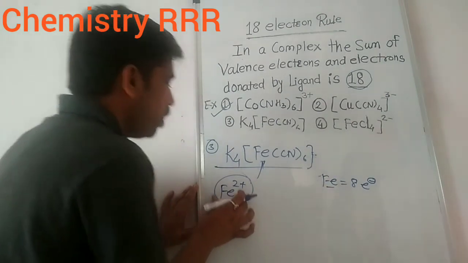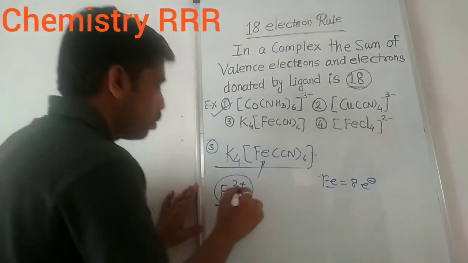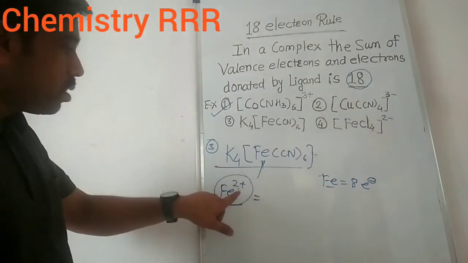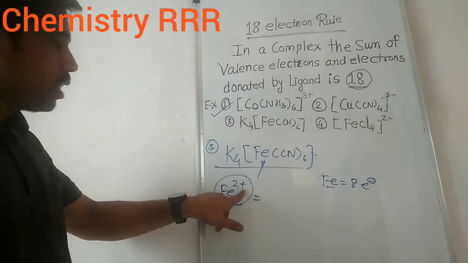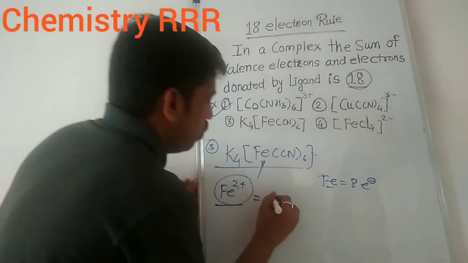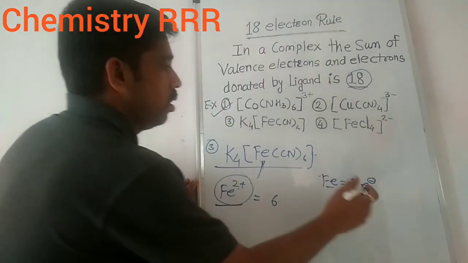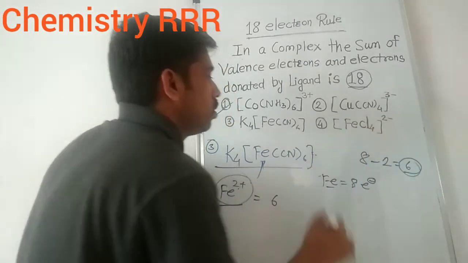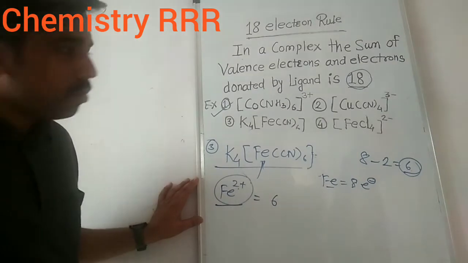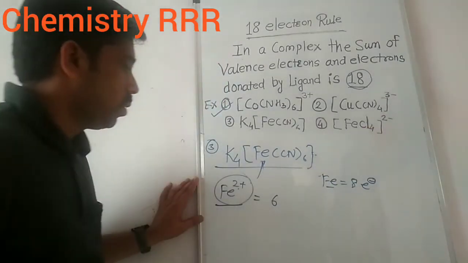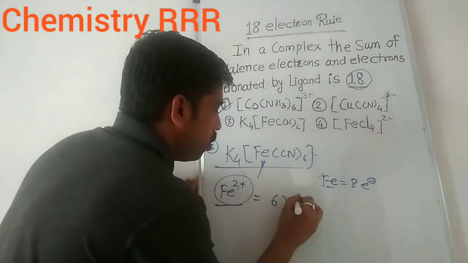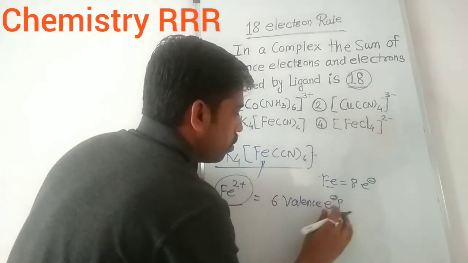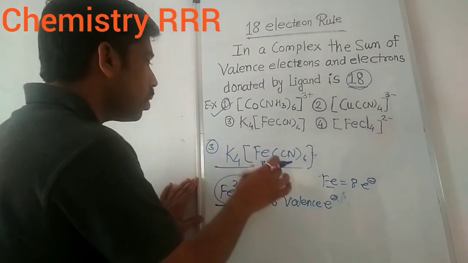Now, the number of valence electrons present in Fe plus 2 is equal to 8 minus the oxidation state of the iron, which in this complex is plus 2. That is simply 8 minus 2, equal to 6. So 6 valence electrons are present in Fe plus 2.